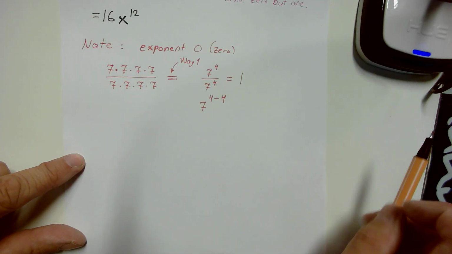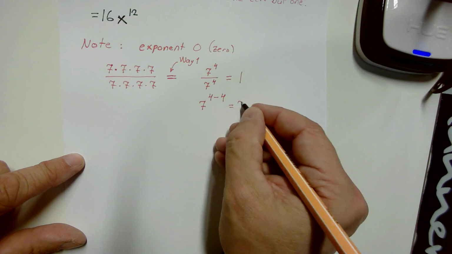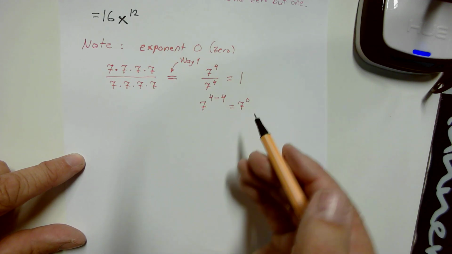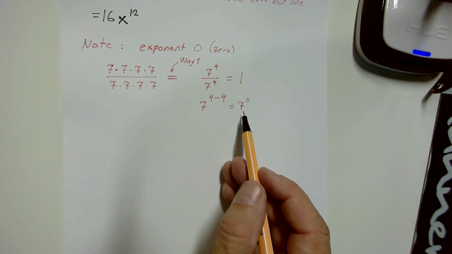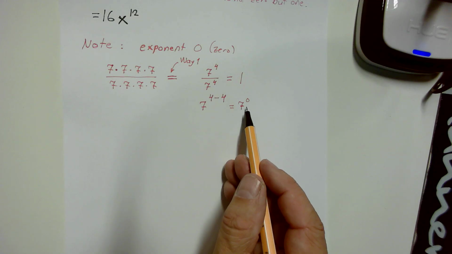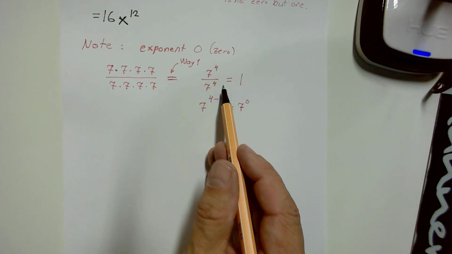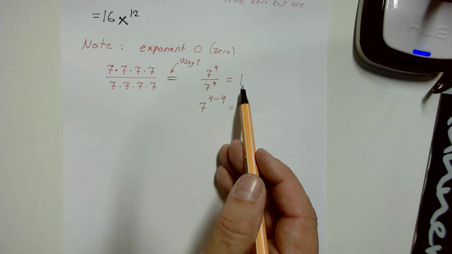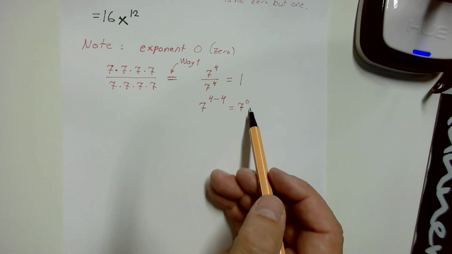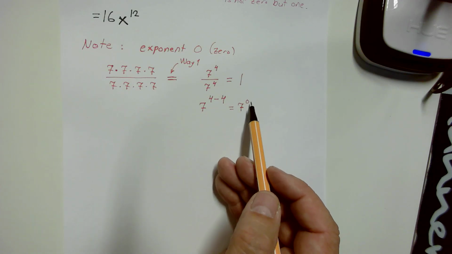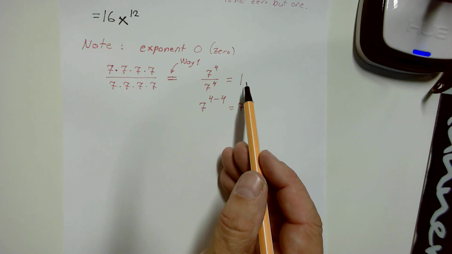And here we see it is 0 sevens. And now we have an example where we have the number 7, which has the power of 0, and the same equals 1. So this number to the power of 0 equals 1.